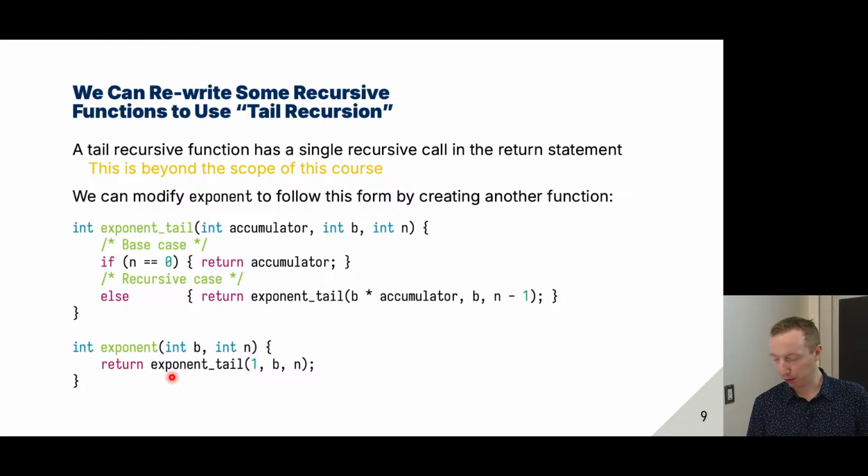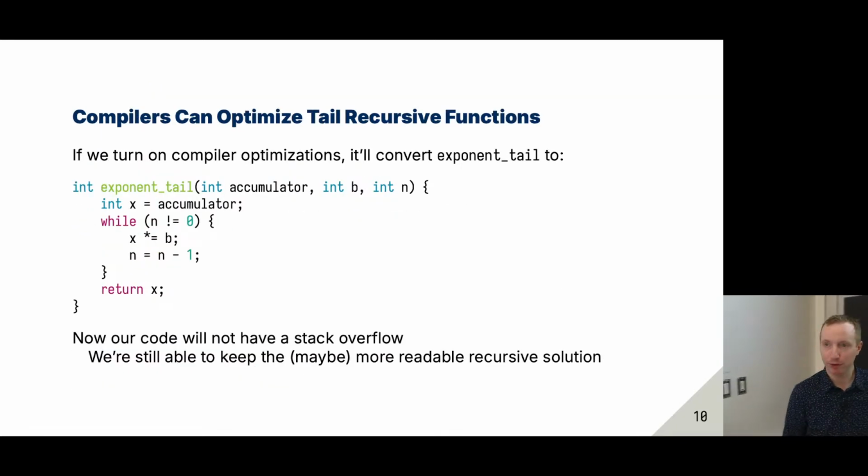If we want to keep exponent looking the same, we have the base and the n, and we can just return exponent written in this tail recursive manner by giving the accumulator 1 and then giving b at the end. The only reason I show this to you is because compilers can optimize this function.